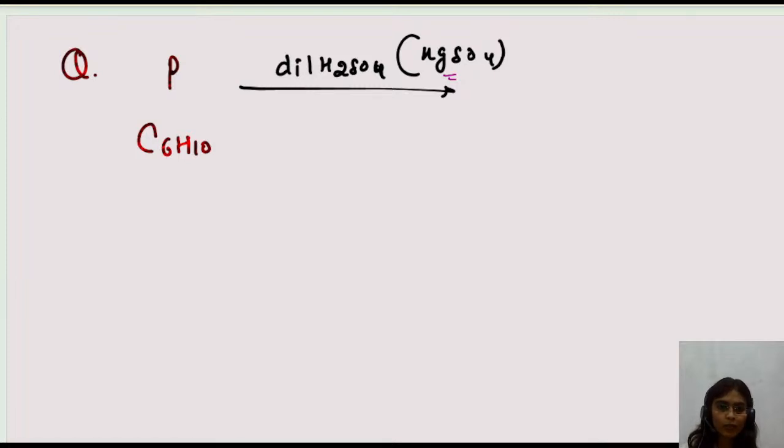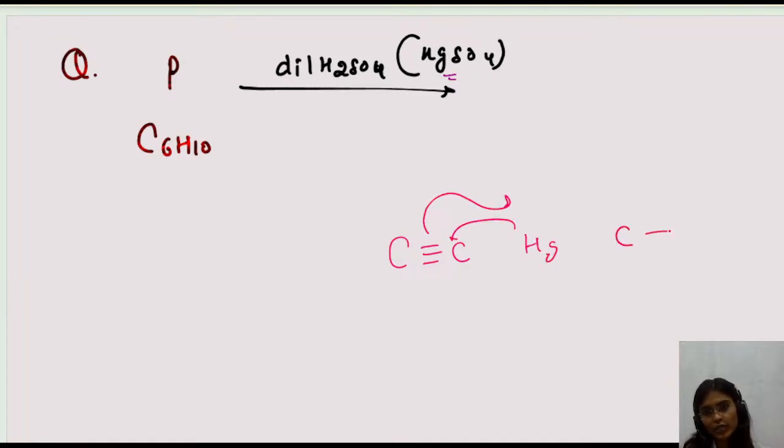Hg is just important for the concerted kind of mechanism. For example, if I have a carbon-carbon triple bond and we have Hg, one attacks here, and the other like that. So in this case the concerted mechanism is followed.